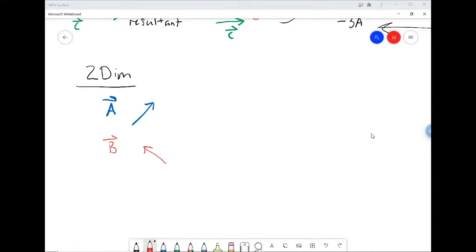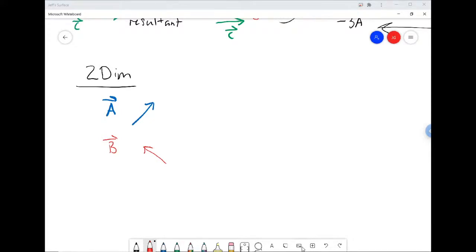So maybe you're like, well, what could that possibly represent in the real world? Maybe they're displacements along compass bearings, where A is going northeast and B is going northwest. And you want to figure out, if you go a certain distance northeast and then turn and go a certain distance northwest, where are you relative to where you started? That's a problem that you would solve with this type of vector thinking.